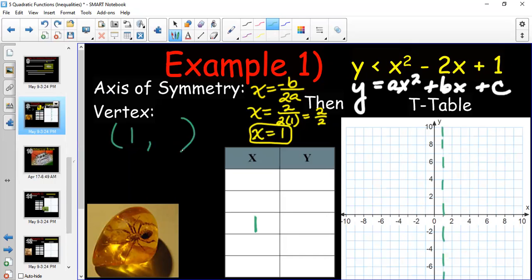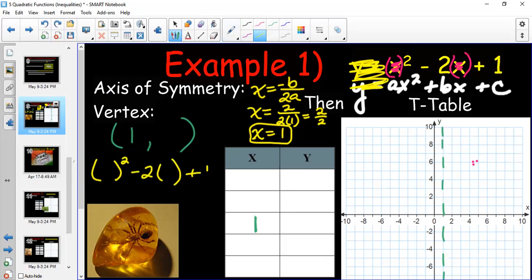Now to find the vertex, we have to plug it in. So this is where I'm going to take off the left side here. And if you remember from yesterday, I take out the x's and put in parentheses anytime I see an x. So it is parentheses squared minus 2 parentheses plus 1.